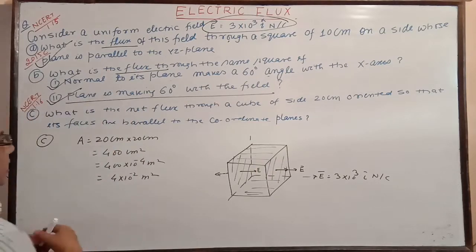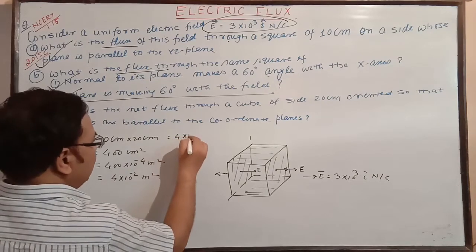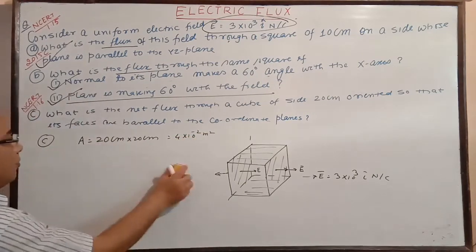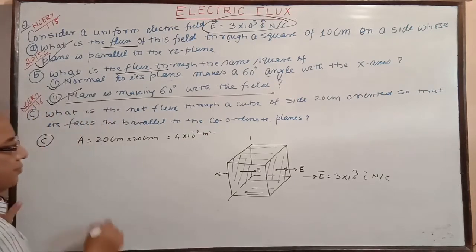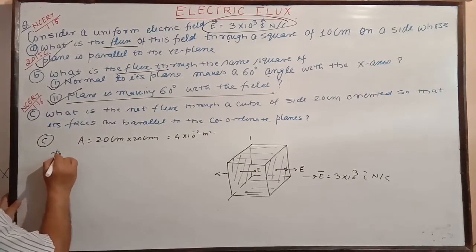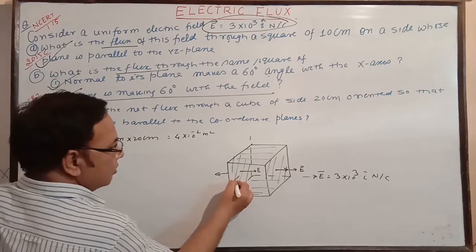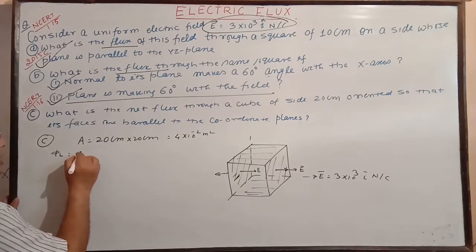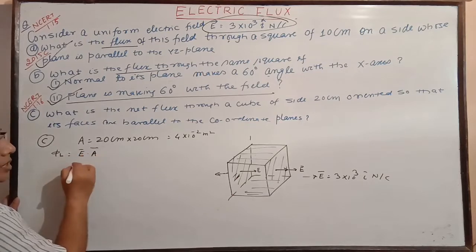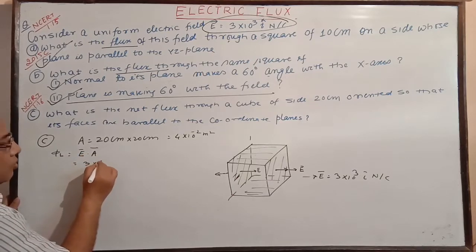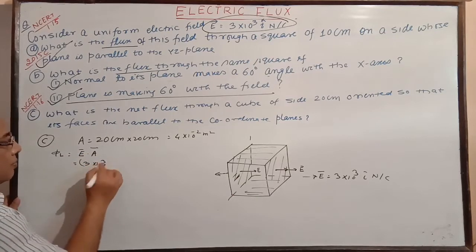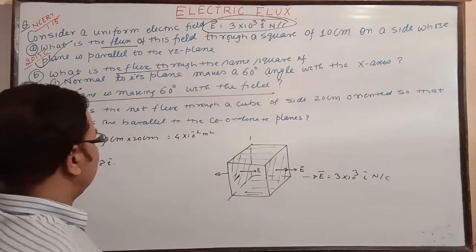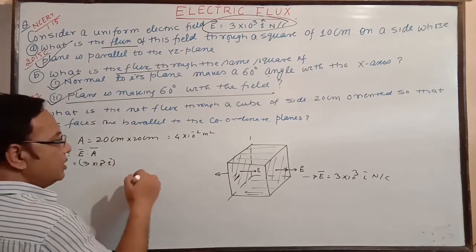So area we have finally 4 into 10 to the power minus 2 meter square. Now one by one we are going to search. First is phi on the left side of the plane. So phi on the left side is once again E dot A. Electric field you have 3 into 10 to the power 3 i cap, dot, we say on left side, so area remains same, 4 into 10 to the power minus 2, and left side means minus i cap.